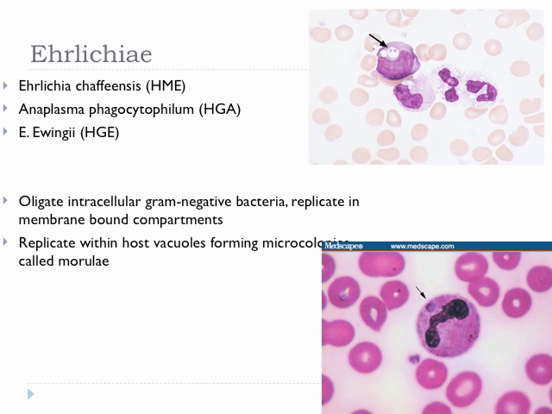Here you have a picture of a monocyte being HME with the distinctive morulae in the host vacuoles and the cytoplasm. And this is a granulocyte neutrophil being HGA, and the morulae being present here.